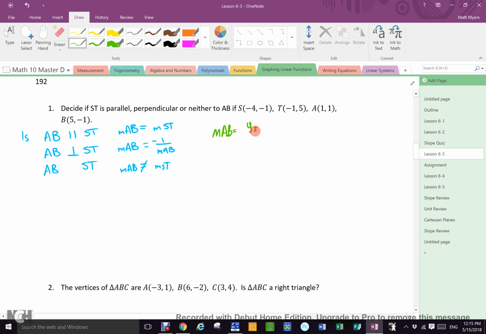Well, we know it's y2 minus y1 over x2 minus x1. So what values must I use for A and B? What goes where? Who makes that decision? You do. So decide. Where is there a y value that has to do with A or B?